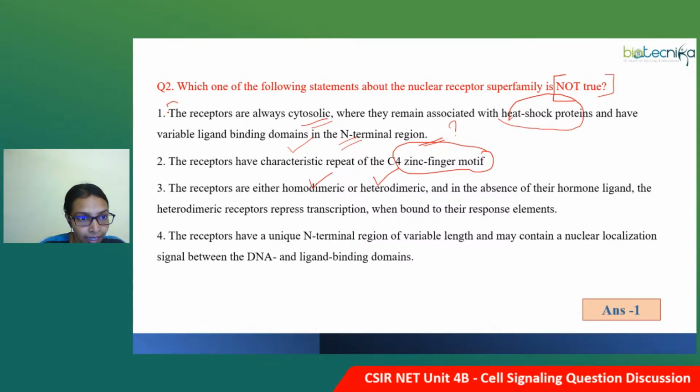This particular line is incorrect. Why? Because we are having two types of receptors. Do you remember? Type 1, type 2 intracellular receptors.